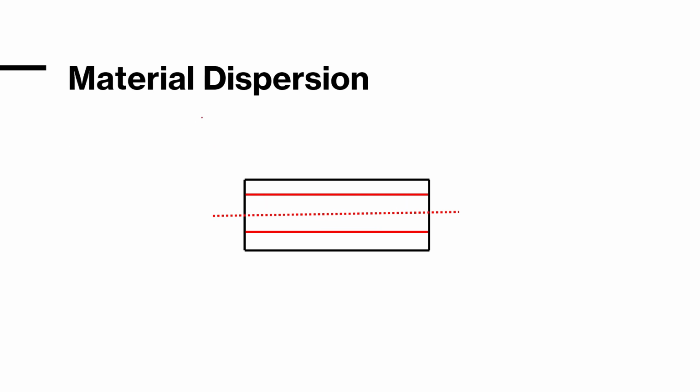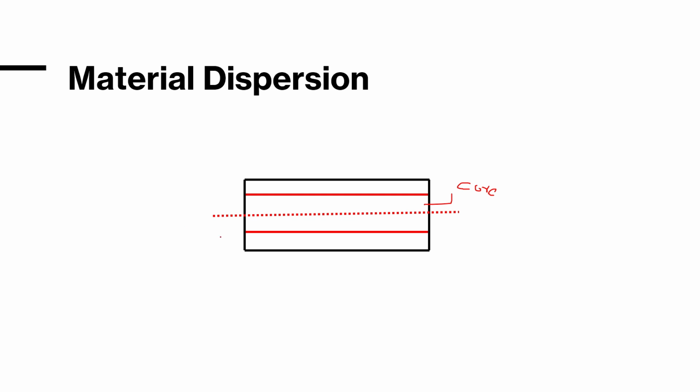In intramodal dispersion, material dispersion is present. In material dispersion, when the fiber optic is manufactured, it is assigned a fixed refractive index, but due to some manufacturing error, variation in the refractive index of the core happens. The dispersion which is caused by this variation in the refractive index is known as material dispersion.